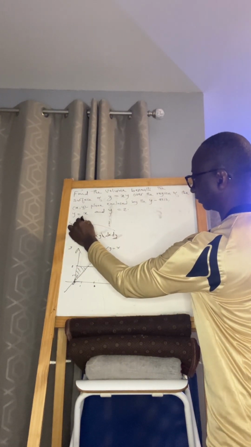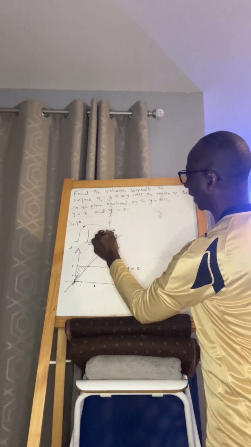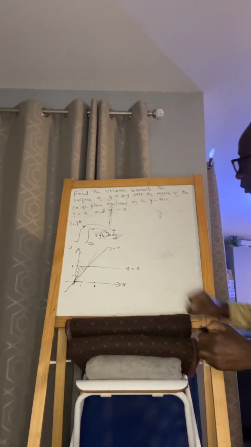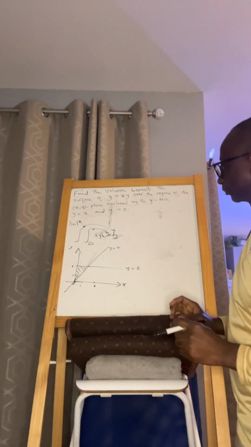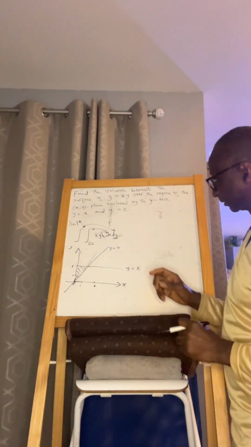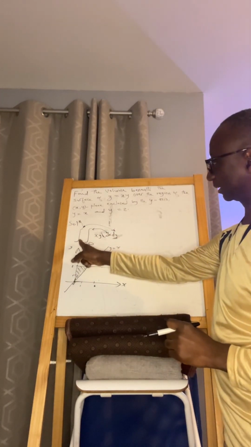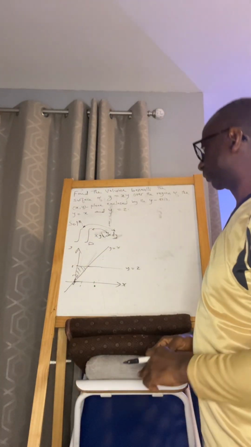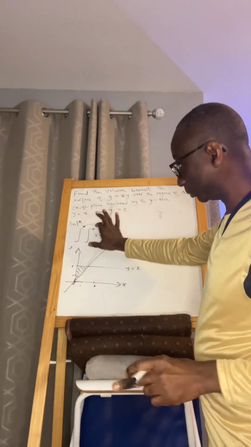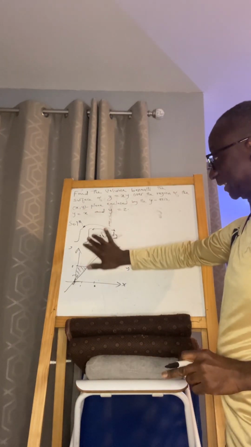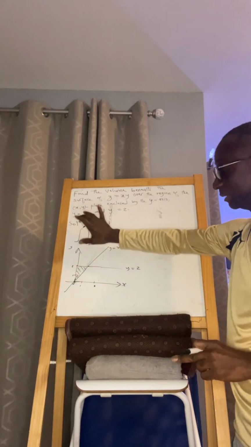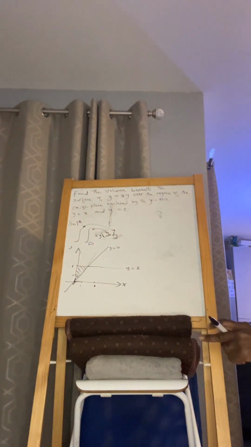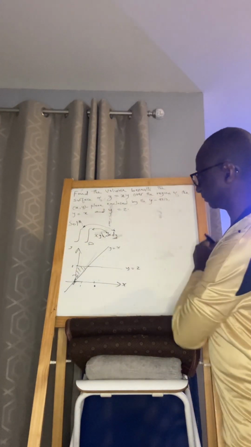This and this, they go together. And then this and this, they go together. So when you are looking for the limits of this type of problem, the outer limits must always be constants. They must be numbers, not variables. This inner one could be numbers, it could be variables, but the outer one, the limits, have to be constant, they have to be numbers. And that is the y.